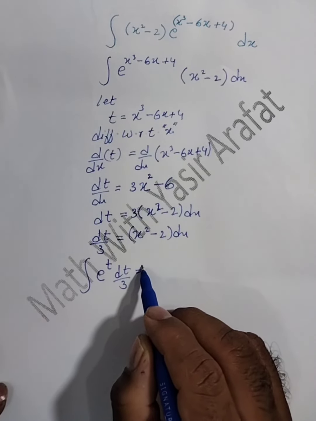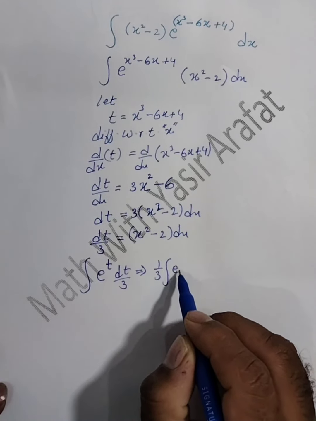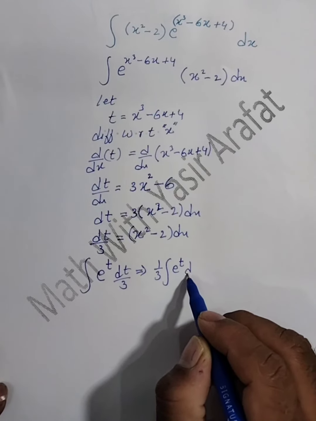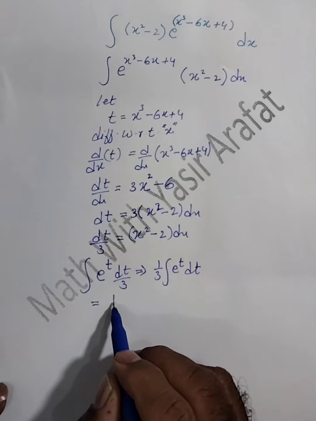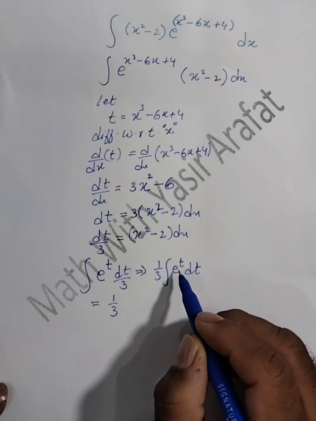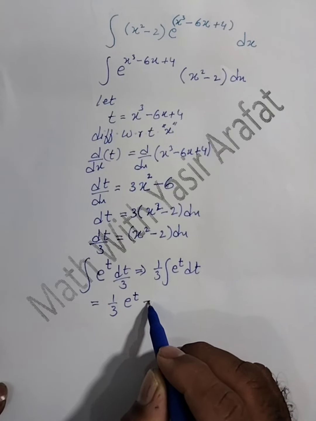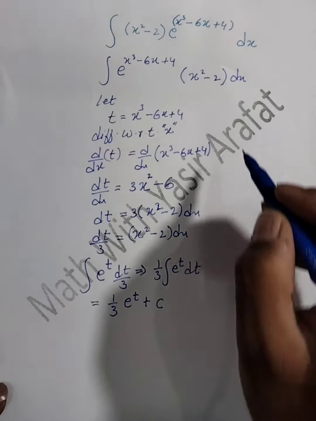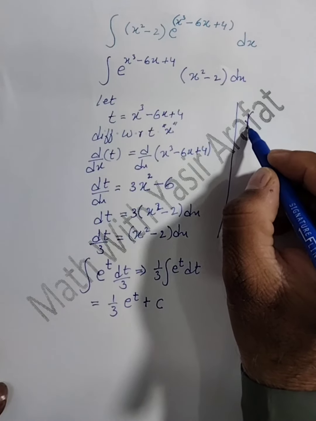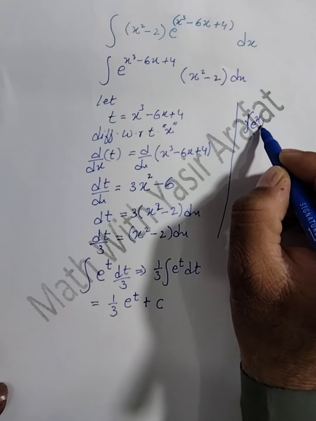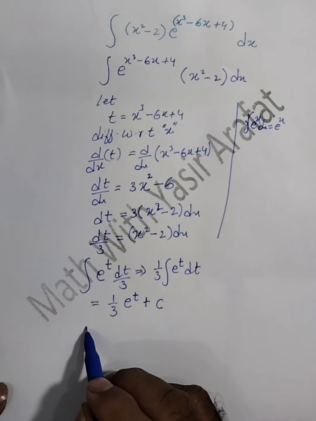Before finding its integration, we write the constant outside the integration sign. So this is 1/3 times the integral of e^t dt, and the integration of e^t remains the same. The integration of e^x remains the same, so we apply this formula here.